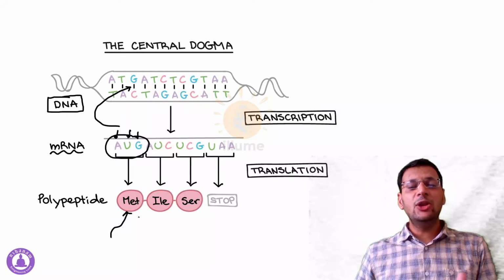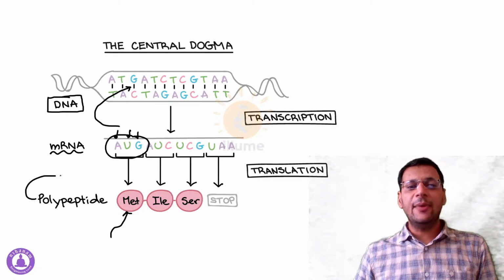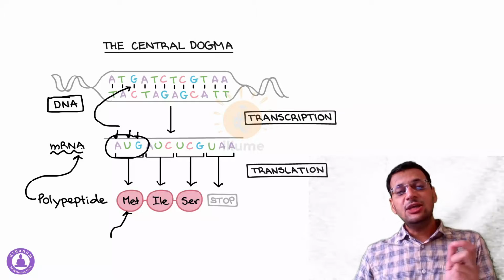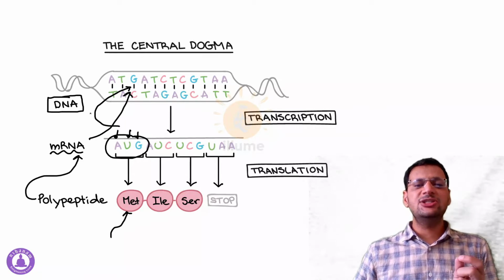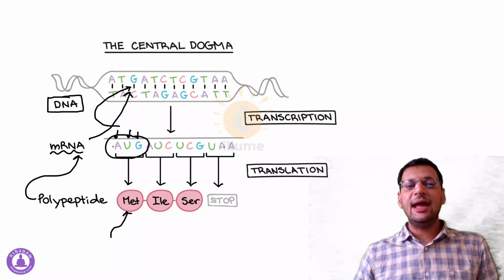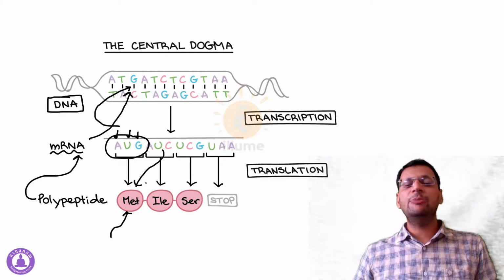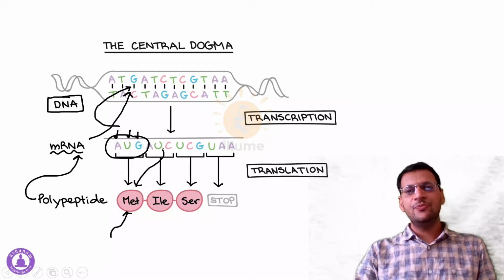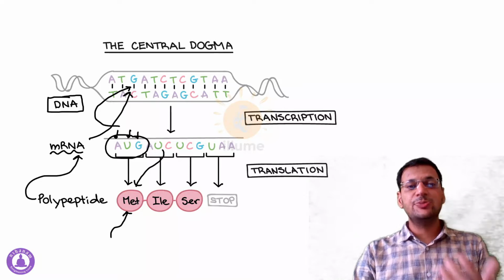That means the amino acids present in the polypeptide are totally decided by the mRNA, and the sequence of mRNA is totally decided by the DNA. That means any change in DNA would be transcribed in mRNA, and this change would also be seen in the polypeptide structure in the form of amino acid. So this is central dogma, and that's how DNA expresses itself.